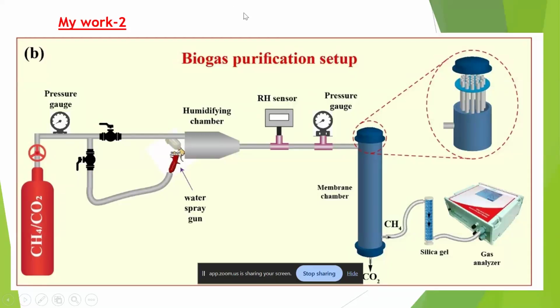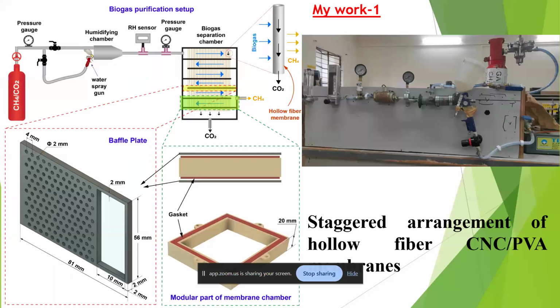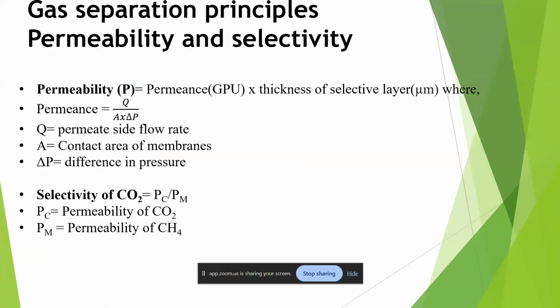So this is another setup which we used in order to get a higher permeability as well as higher selectivity. The previous one was more like a staggered arrangement, which had its own problems in replicability.